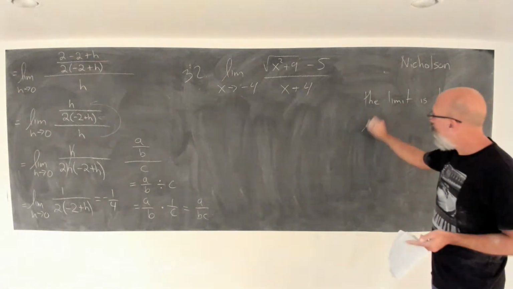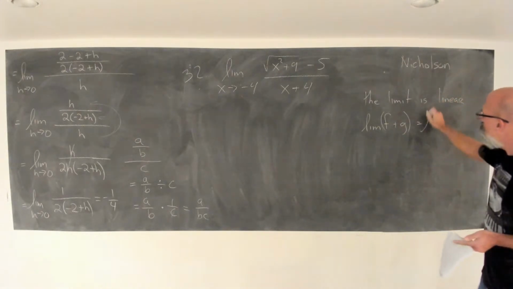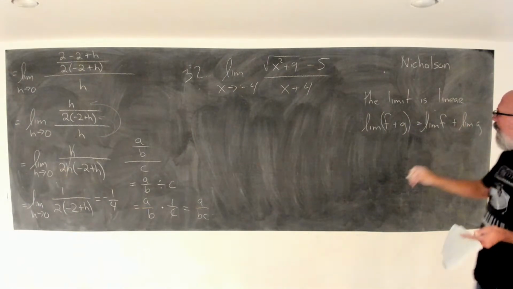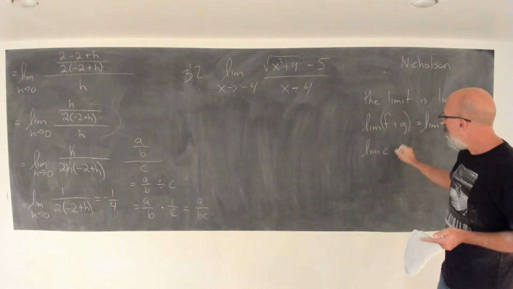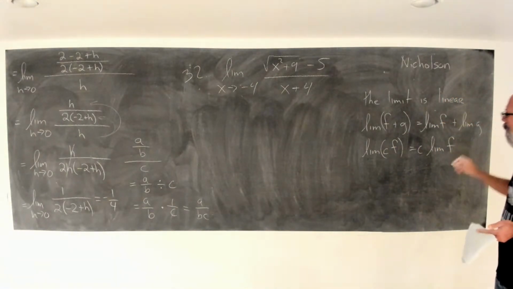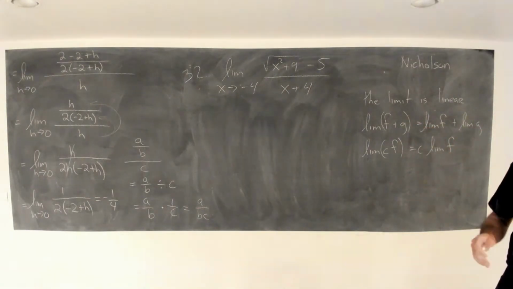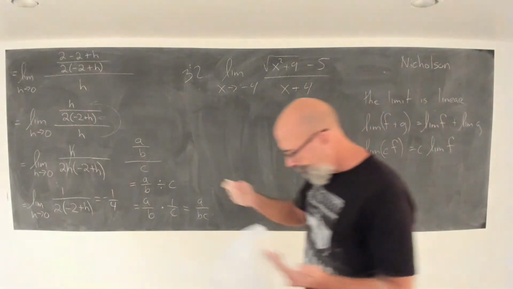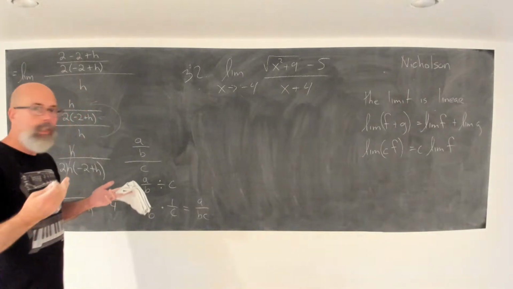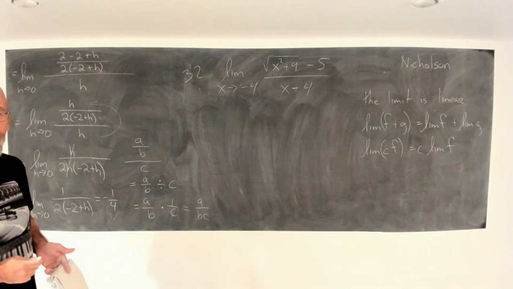What does that mean? That means that the limit of a sum is the sum of the limits, and the limit of c times a function is c times the limit of the function, right? You know these two properties. These are properties 1 and 2. Together, these are known as the linearity of the limit.